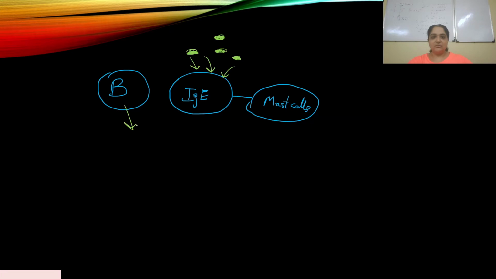Basophils begin to release histamine. Mast cells also begin to release histamine. And this causes a lot of reaction in the respiratory passageway, that is inflammation of bronchi and bronchioles. Contraction of smooth muscles happens over there, so it increases the difficulty in breathing.